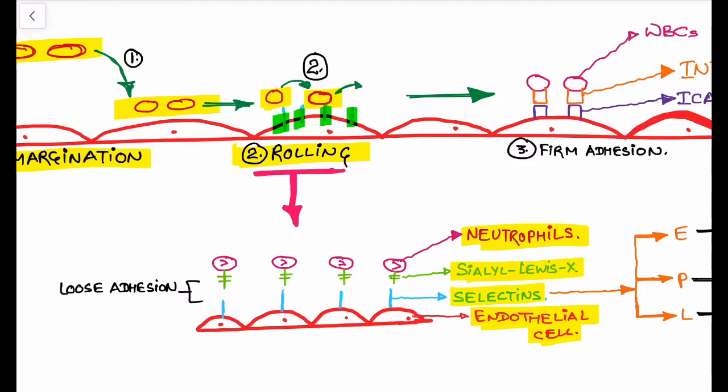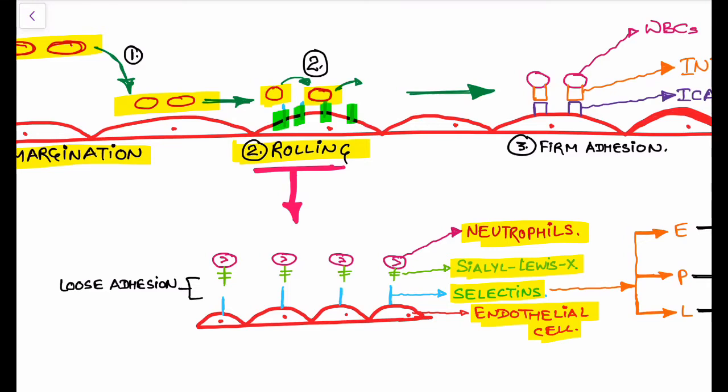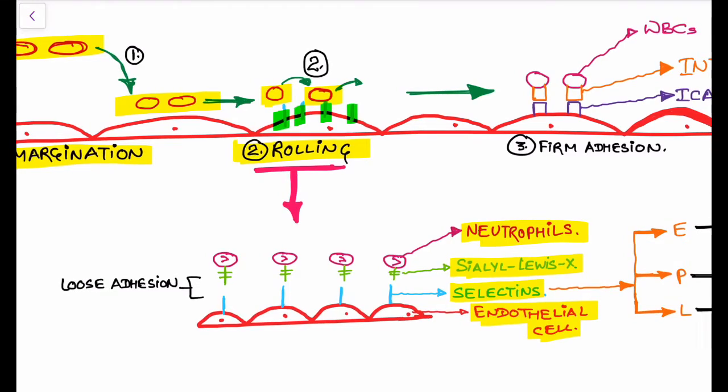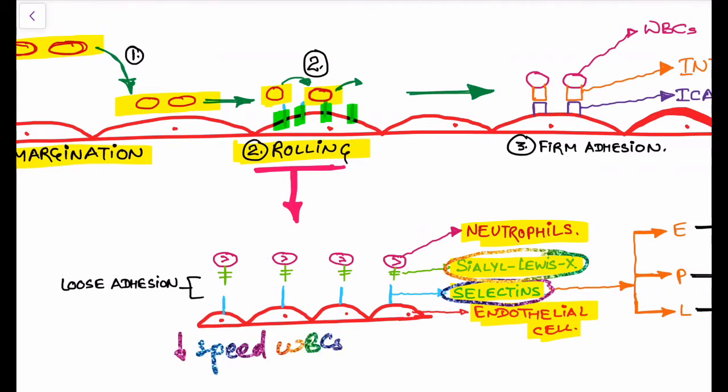The interaction between the selectins and sialyl Lewis X causes the decrease in the speed of the WBC, and is responsible for the process of rolling. We can also call it loose adhesion.